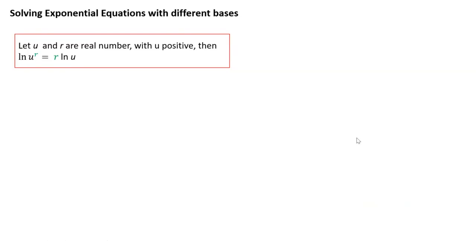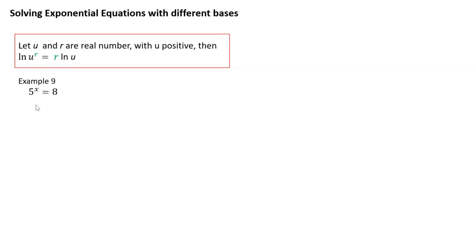Now here's another rule. If u and r are real numbers, here's the rule we're talking about right now, that the exponent goes to the front. Example. This is the steps that the book states. It states first, try to find the common base, and if not, use this property here, the ln property.